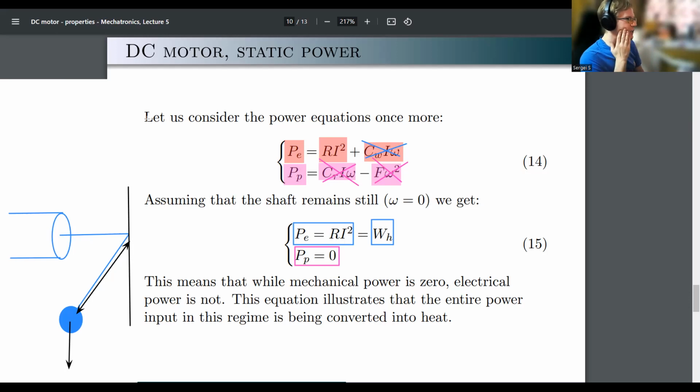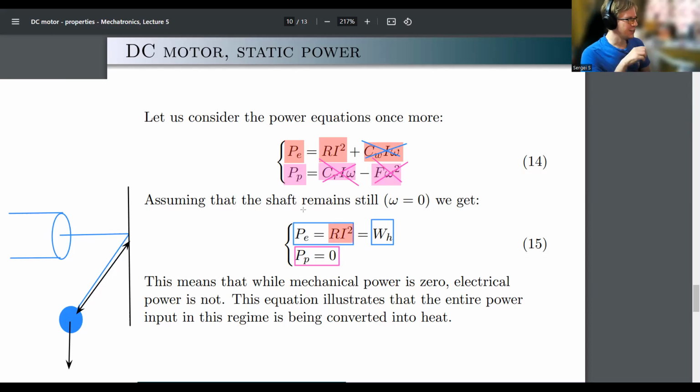So what we have is non-zero torque, which means, remember we studied steady-state equations, non-zero torque means non-zero current. Current cannot be 0. Current would have to be equal to torque divided by C sub tau. So in this scenario we would have non-zero current, and this current will produce heating.